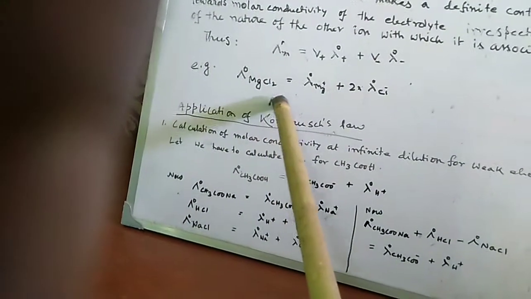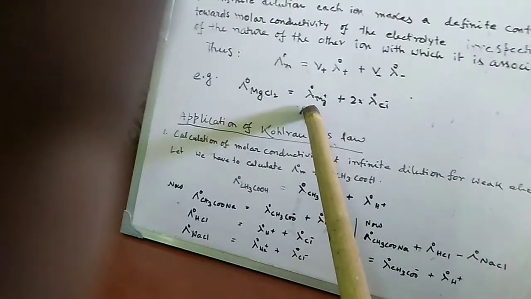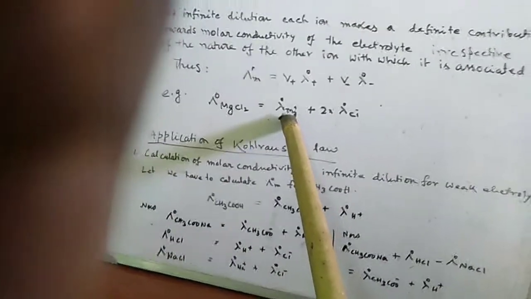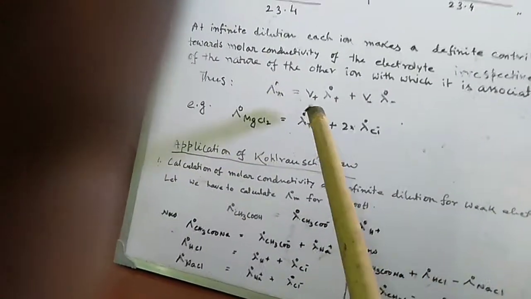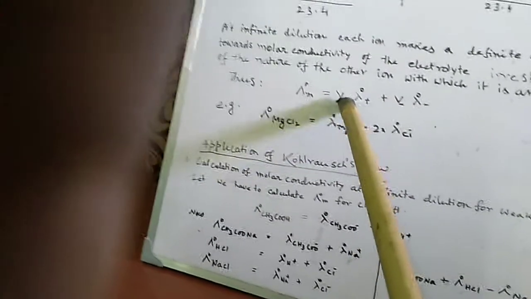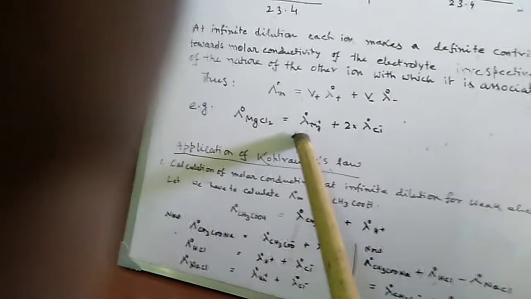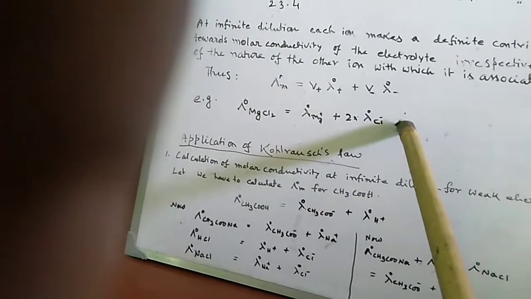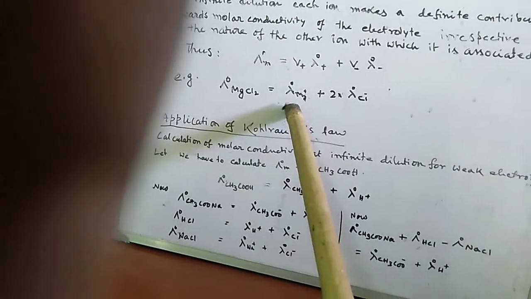So we can write it as the contribution of each ion, and the contribution will be the same irrespective of the anion or cation present. That means whatever electricity the Mg 2 plus ion carries at infinite dilution, if Cl minus ion is not present and another ion like Br minus is present, the magnitude will still be the same.